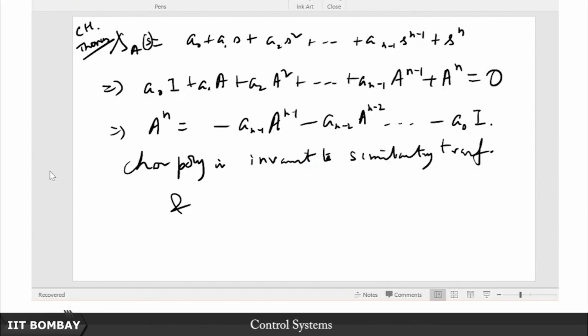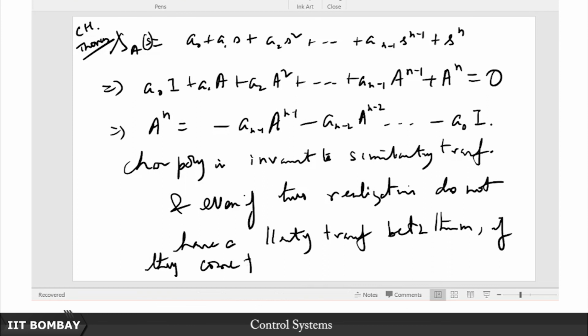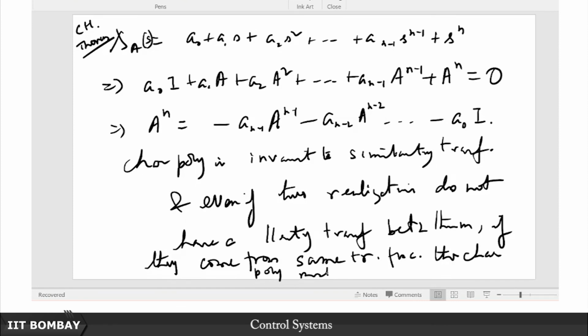So now from this we conclude that even if two realizations do not have a similarity transformation between them, if they come from the same transfer function, the characteristic polynomial must still be the same.